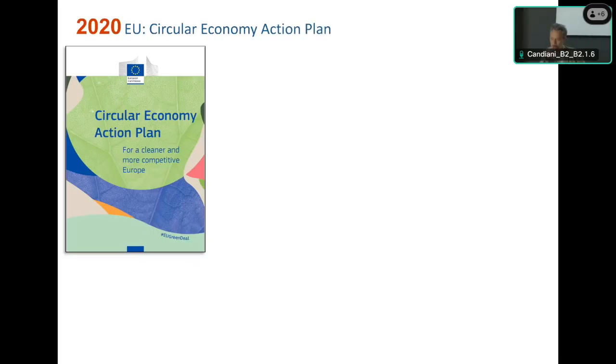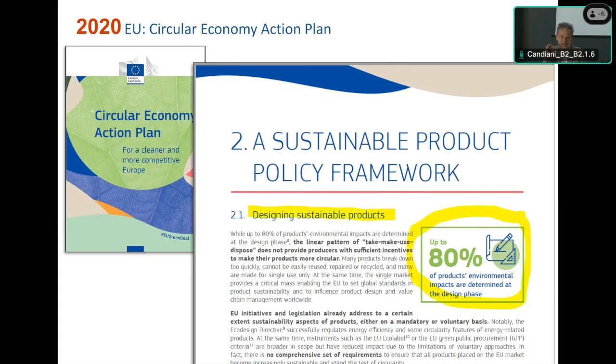In relation to the recognition of the role of design, I show you something that when I started lecturing 29 years ago was not at all in any book, or definitely not in a document like this, which is the EU Circular Economy Action Plan, approved by the European Commission in 2020, during COVID. Look at what we read in the first pages of this action plan: a sustainable product policy framework, with designing sustainable products.